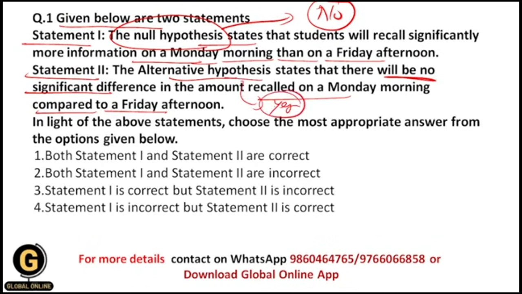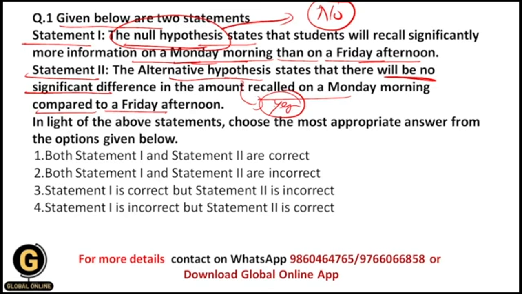But if we read both of these statements, then within the null hypothesis part they have mentioned that there is a significant relationship between the information on a Monday morning and on a Friday afternoon. So there is a difference between the information grasped by the student on a Monday morning and by a student on a Friday afternoon.